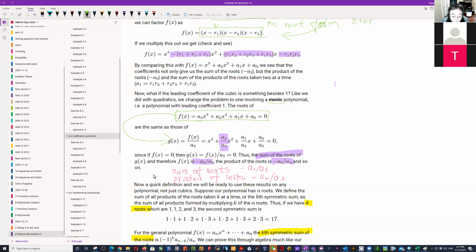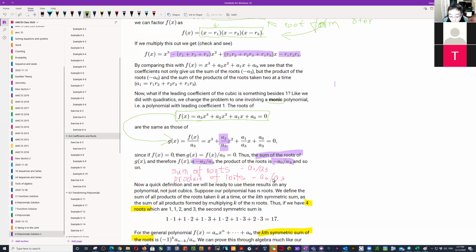Given this fact, the sum of the roots has a negative sign: the sum of the roots is negative a2 divided by a3.